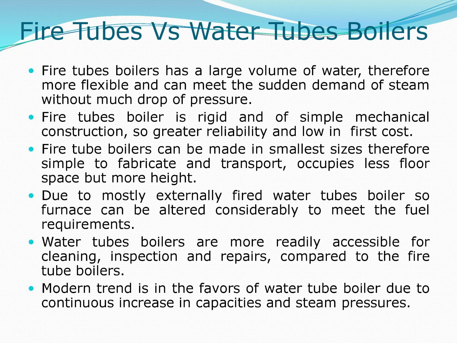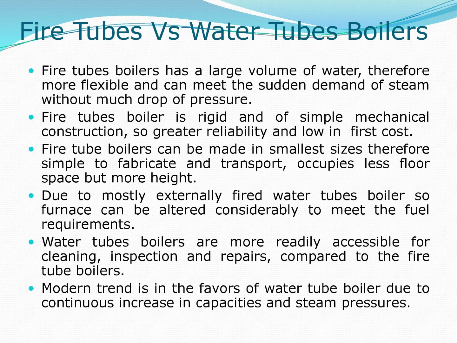Fire tube versus water tube boilers. Fire tube boilers have a large volume of water, therefore they are more flexible and can meet sudden demand of steam without much drop of pressure. Fire tube boilers are rigid and of simple mechanical construction, so greater reliability and low first cost. Fire tube boilers can be made in smallest sizes, therefore simple to fabricate and transport, occupying less floor space but more height.